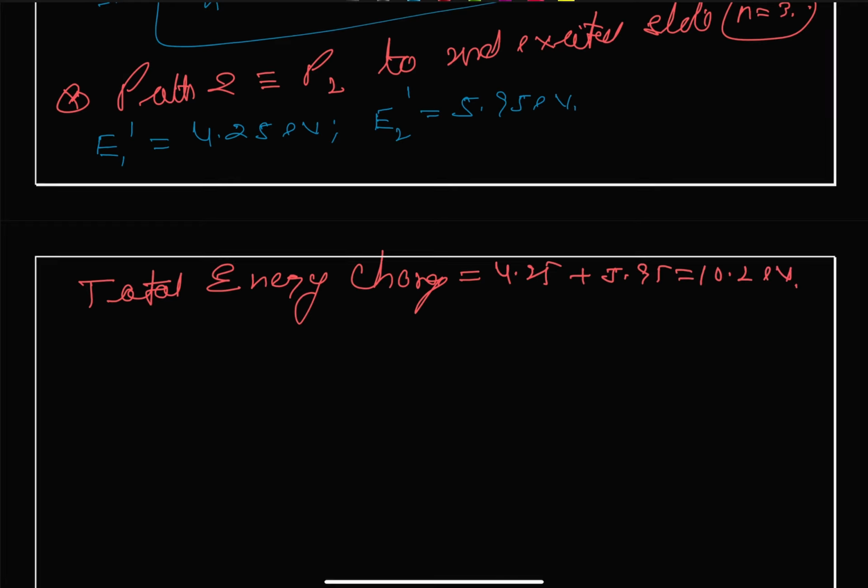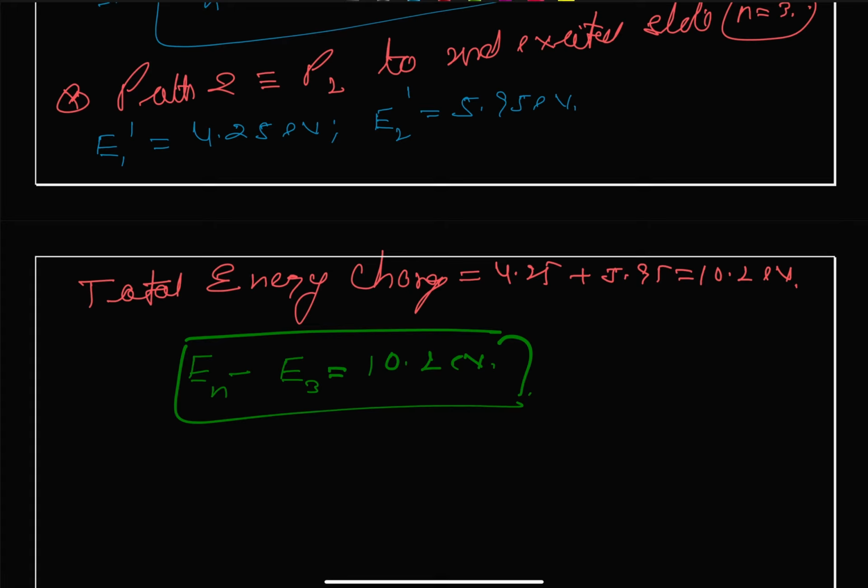Therefore, we can write the equation that from the nth level to the third level, the difference will be 10.2 electron volt. So this is our equation number 2.